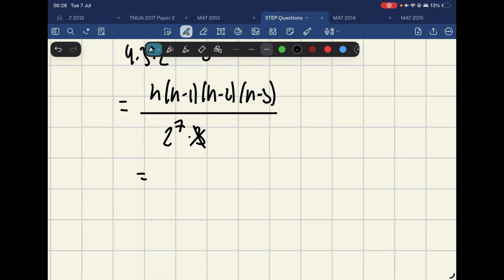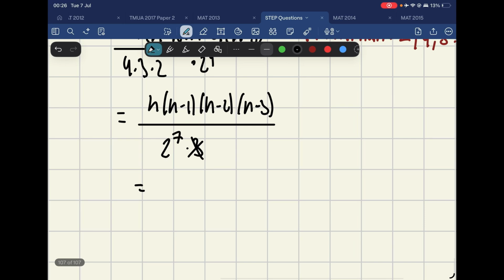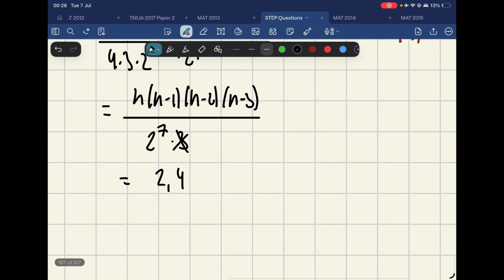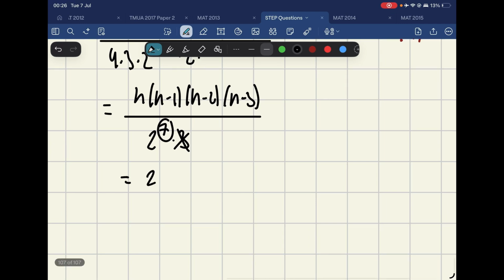We want 2 to the 7 in our numerator, and how do we get that? If you look at the spacing of the numbers, we have a multiple of 2 and a multiple of 4 guaranteed. So we're going to have at minimum 2 to the 3.